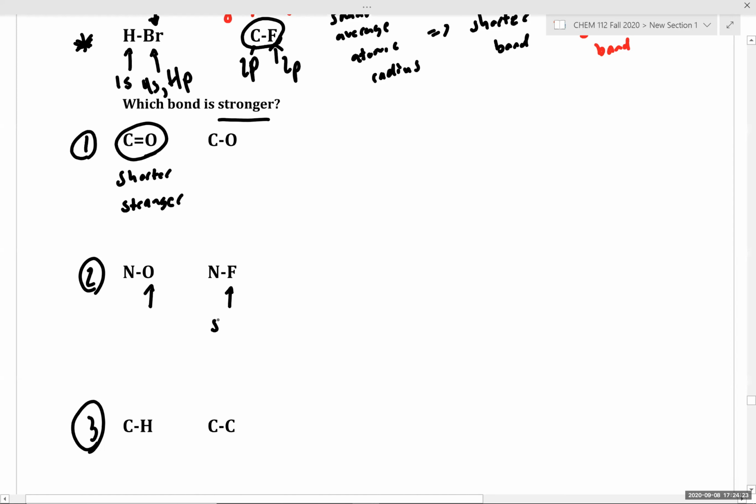Fluorine, yep. So fluorine is smaller and more electronegative, and as a result, the nitrogen-fluorine bond is stronger and shorter. So you can strictly invoke the atomic size argument. Does that make sense to everyone?